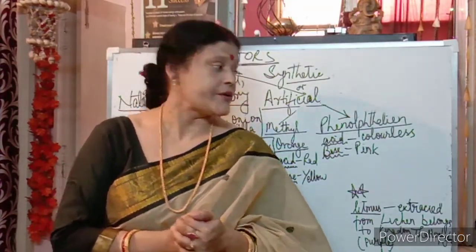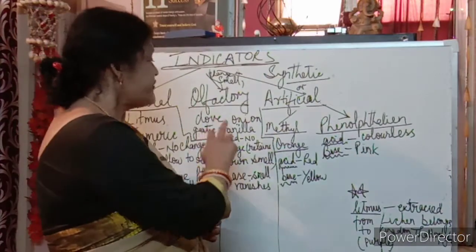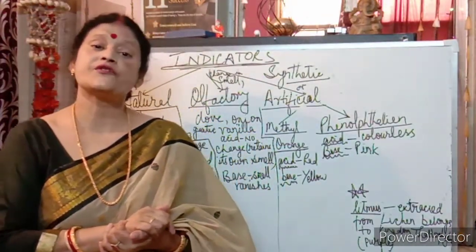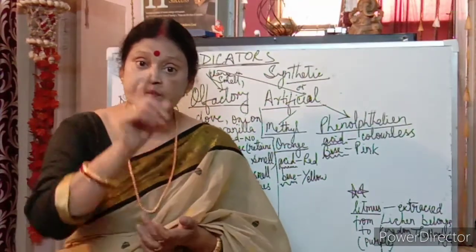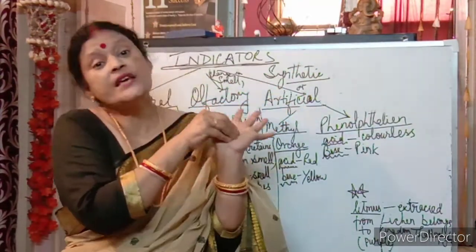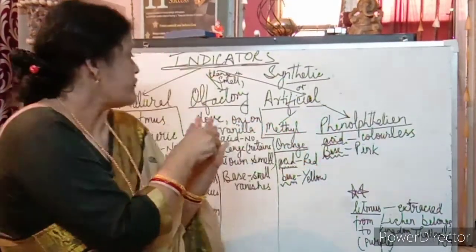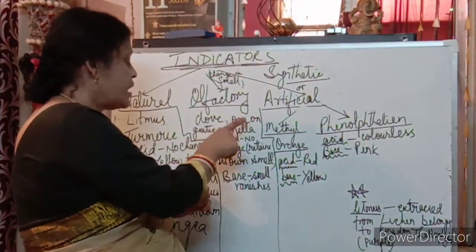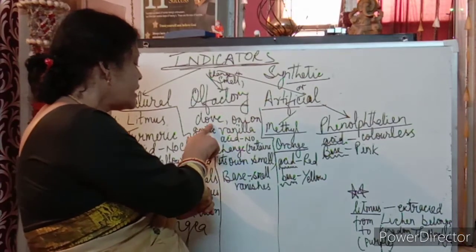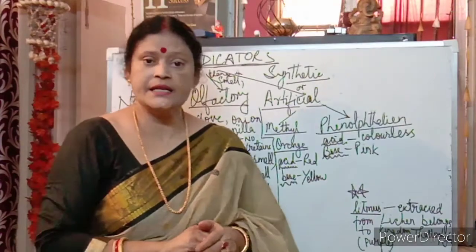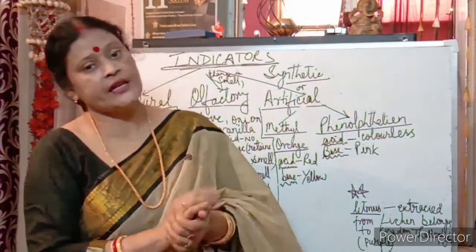Right? Now next comes olfactory. What do you understand by the term olfactory? That is sense of smell. That means there is something which changes the smell in acid and base. Let's see. For olfactory indicators, we will take clove, onion, garlic, and vanilla. When we drop acid in it, it will not show any change. It will retain its own smell.